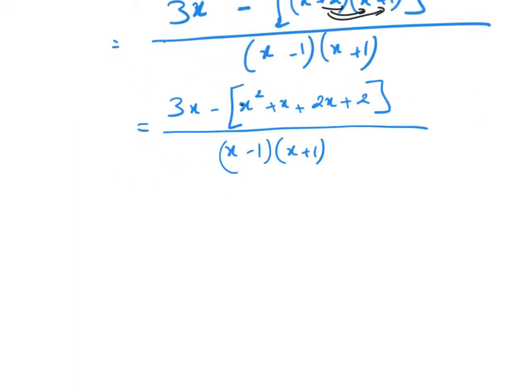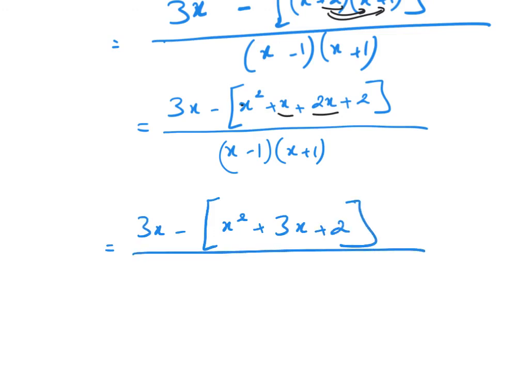So we're going to continue here. We're going to have 3x minus, and we're going to solve inside the bracket. We get x squared. We combine x plus 2x, which will be 3x plus 2, right? And that will be over x minus 1 times x plus 1.